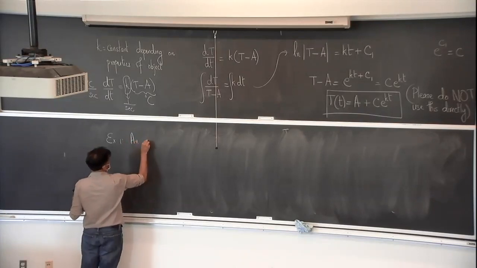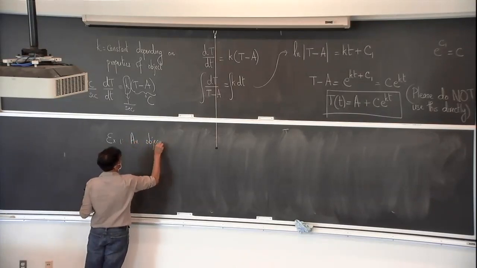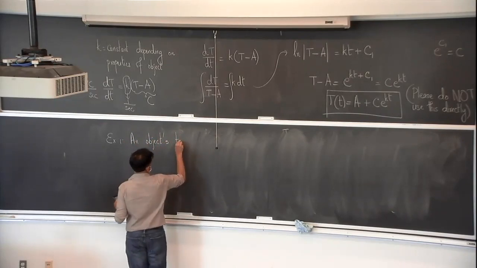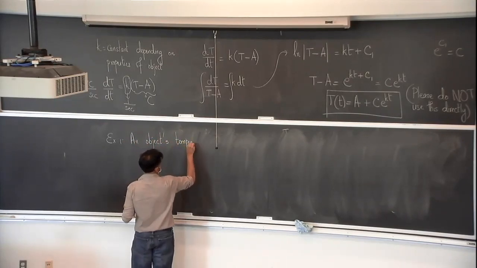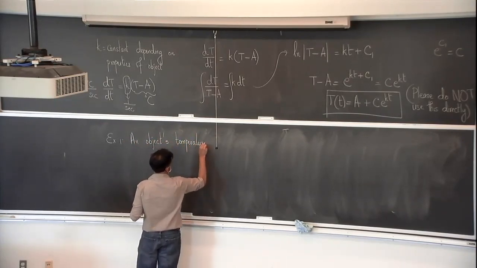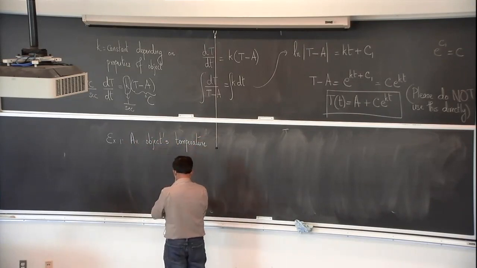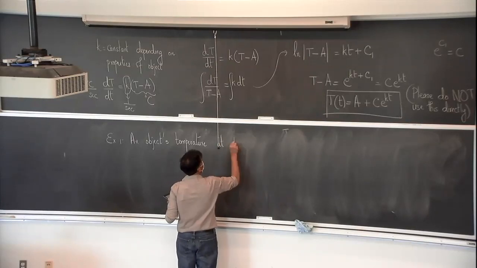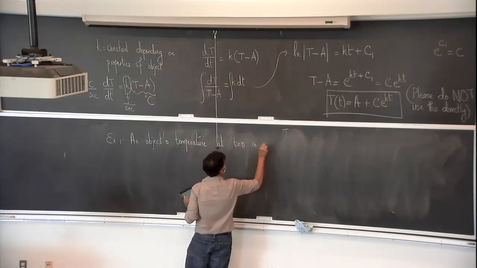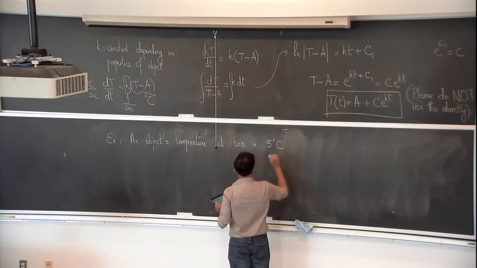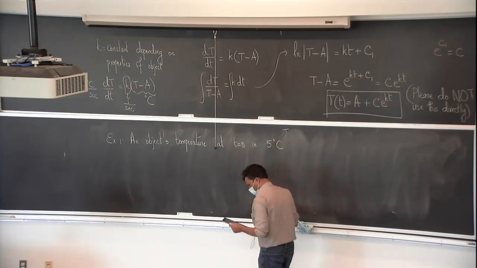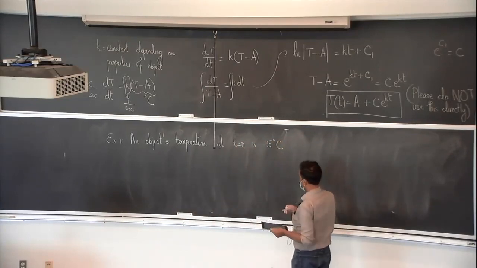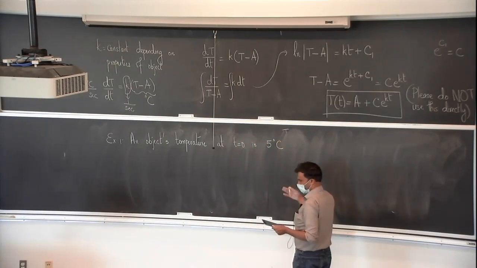An object's temperature at t equal to 0 is 5 degrees Celsius. That is pretty cold. In case you are not familiar with the degree Celsius scale, 0 is melting, 5 is pretty cold.